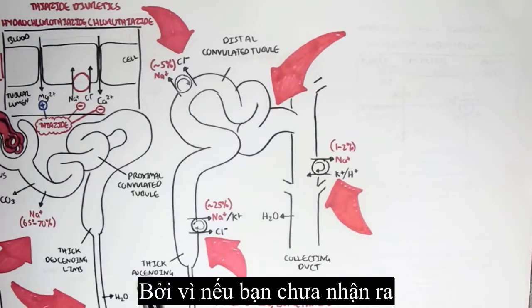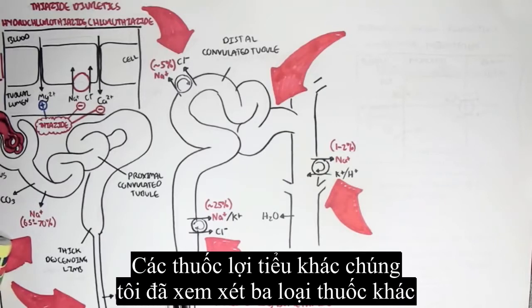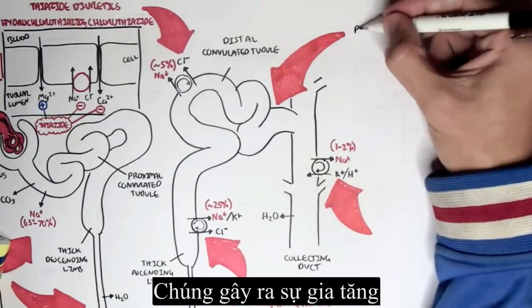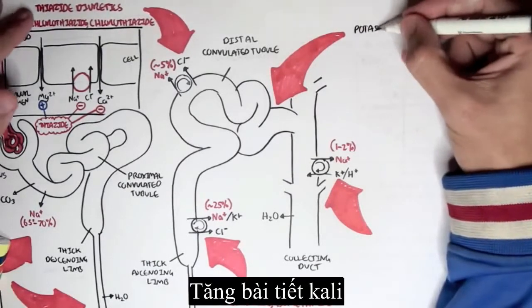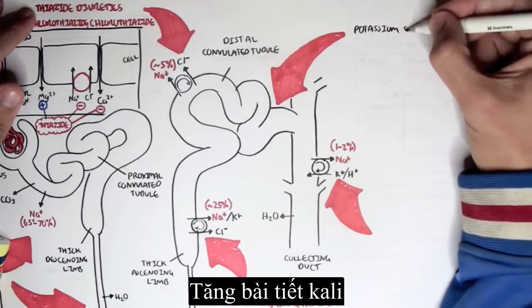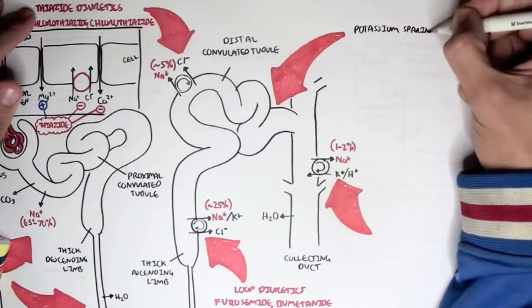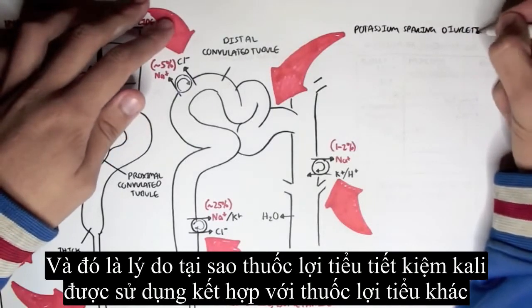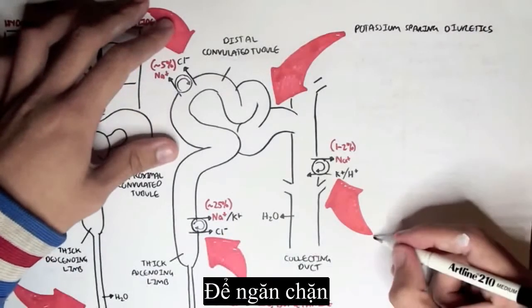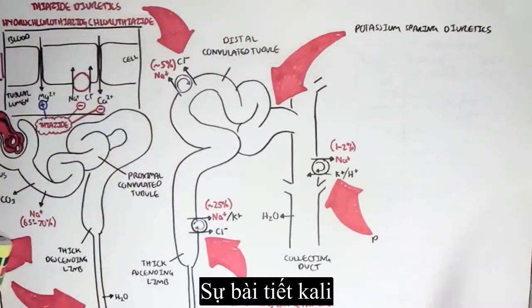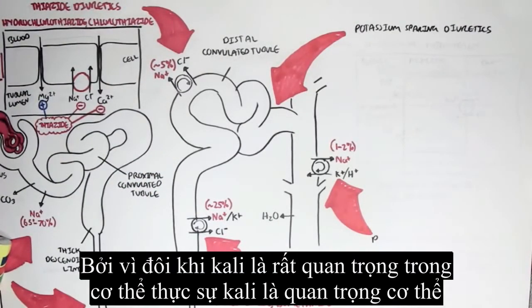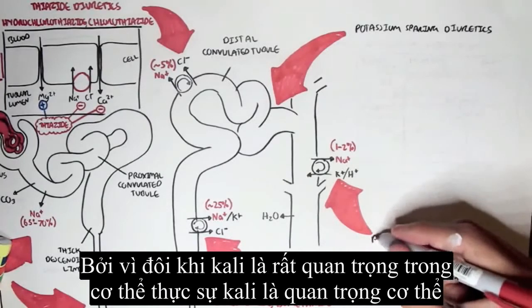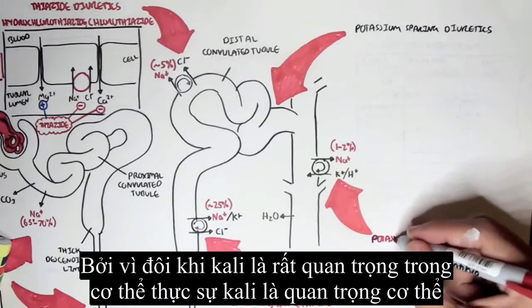Because if you haven't realized, the other three diuretics we looked at cause an increase in excretion of potassium. That is why potassium-sparing diuretics are used in conjunction with other diuretics to prevent the excretion of potassium, because potassium is very important in the body.